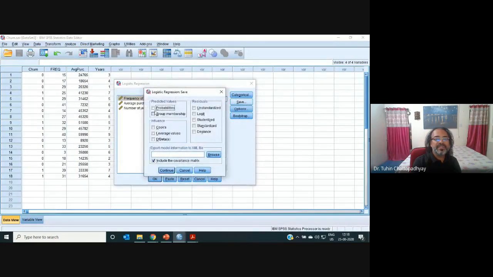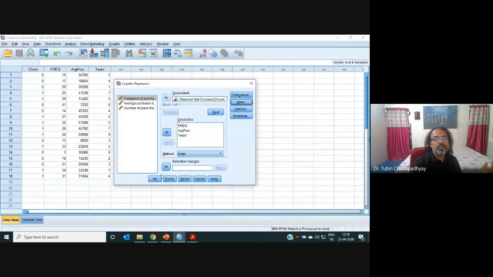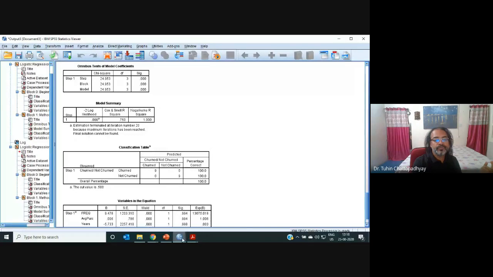If you see here, the probabilities and the group membership. What does the probability mean? It is the probability of a customer falling into a group, the group in which it has been predicted. There are only two groups, 0 and 1. So let's see how the software predicts.